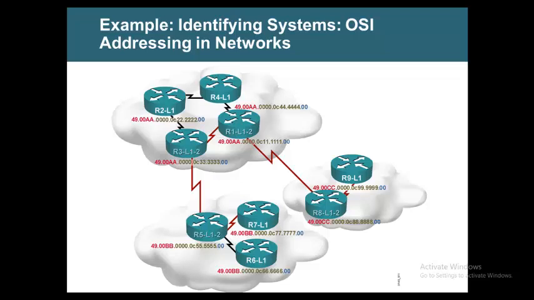Identify systems, for example the OSI address in networks. So if I am pinging from here to here, definitely the area ID is different, right? So the L1 router will just forward the packet to the L1 L2 router.